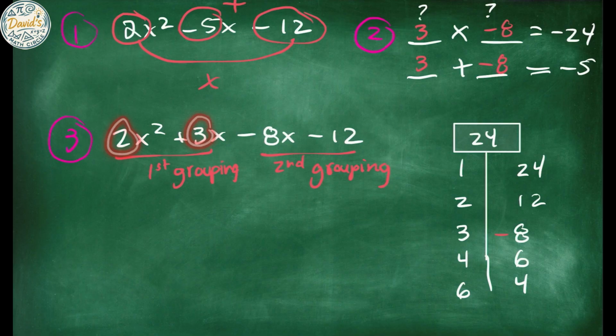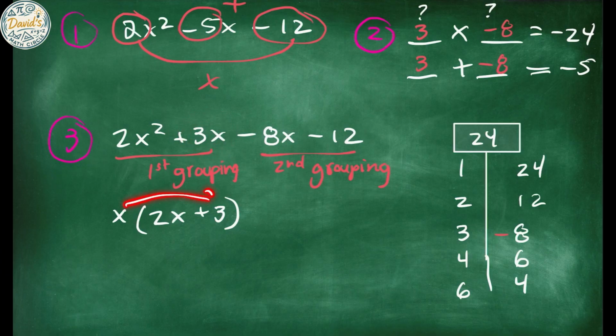In the coefficients we have no factor in common, so it won't change a thing. So we only have that x in common, which I have to multiply by 2x to obtain that 2x squared, and I have to add 3 because I want to obtain that 3x when I do the distribution.